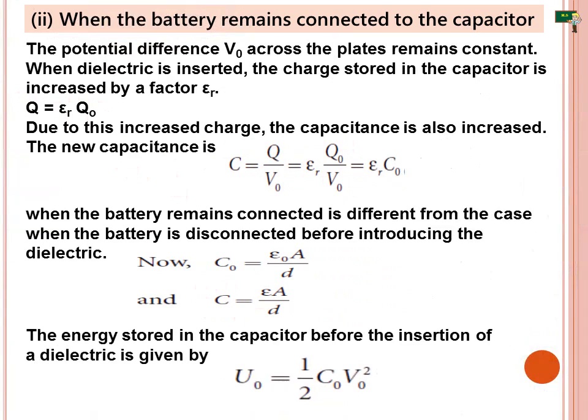The energy stored in the capacitor before the insertion of the dielectric, that means we are going to insert the dielectric and measure the energy, is U naught, the stored energy, equal to 1 by 2 C naught into V naught square.